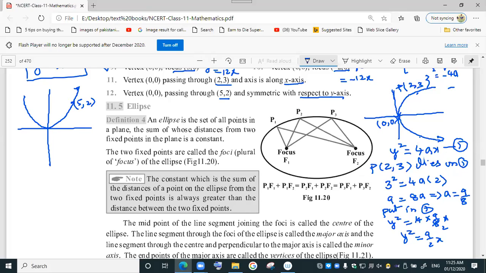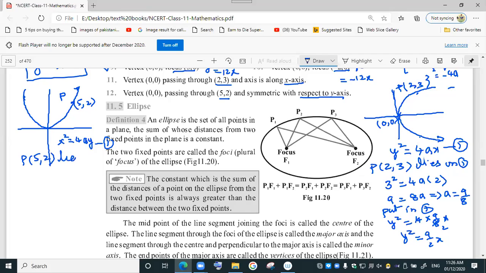It is a similar question, but it is an upward parabola. So upward has the equation x square is equal to 4ay, equation number 1. And since this point P lies on it, it will satisfy it.